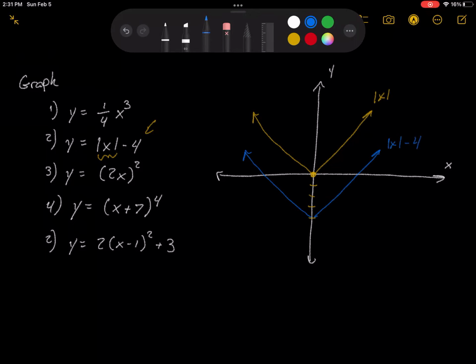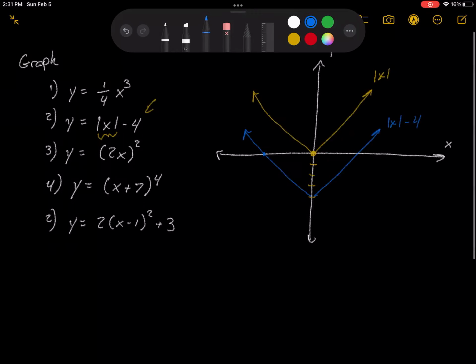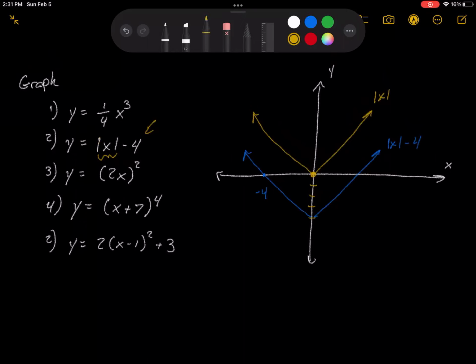So let's look at another point. Let's look at minus 4 over here. Underneath my original function, the absolute value of 4 returns 4. Underneath my shifted function, the absolute value of 4 minus 4 returns 4 minus 4, or 0.